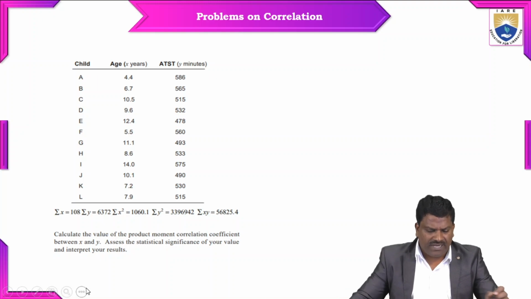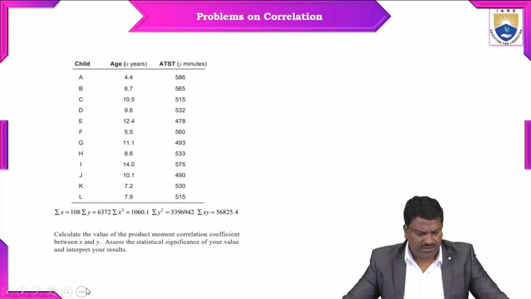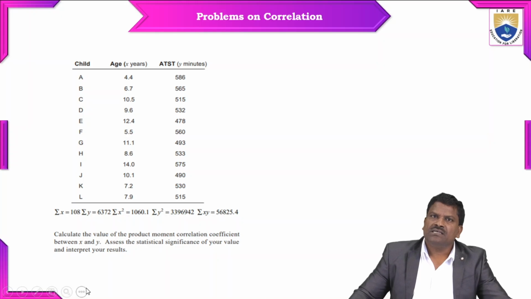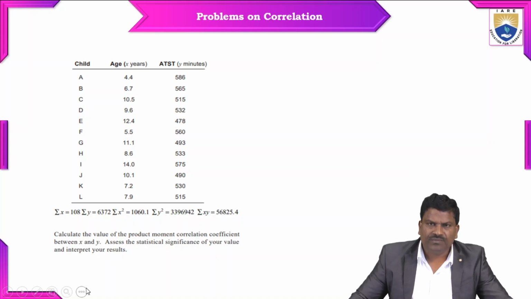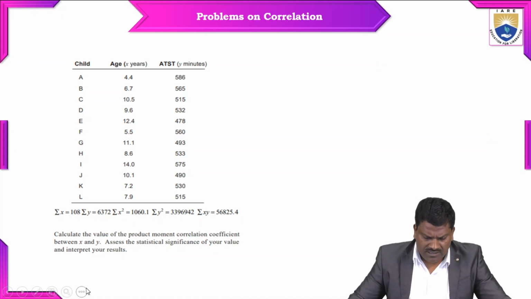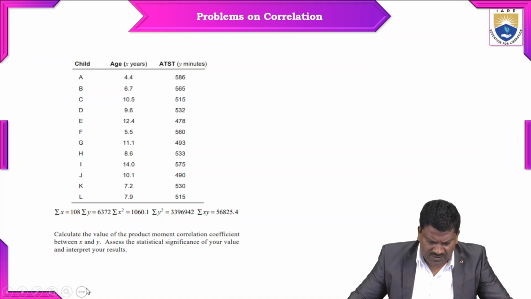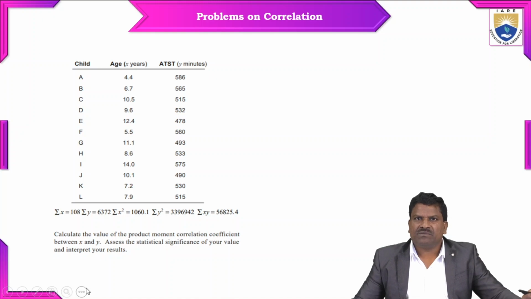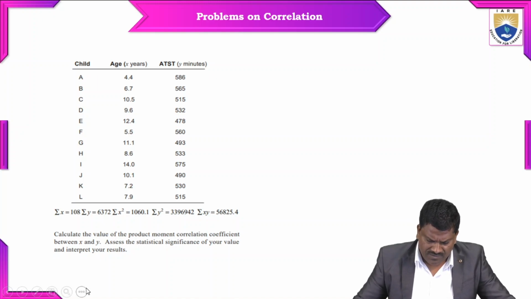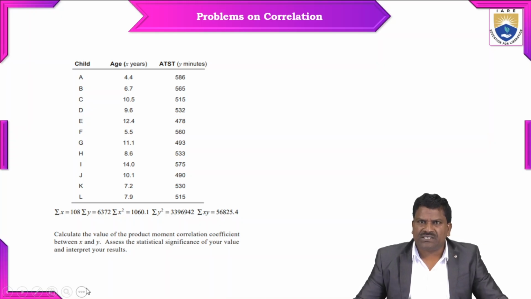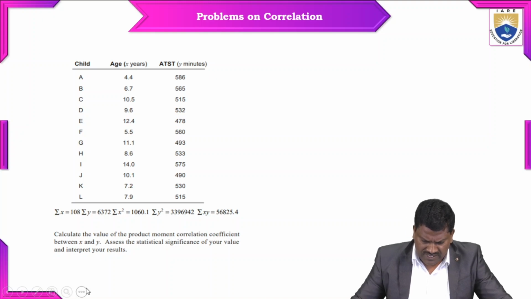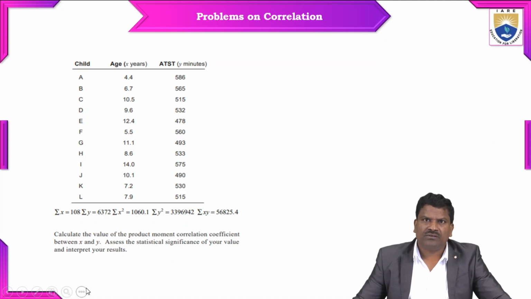Then here sigma x is 108, sigma y is 6372, sigma x square is 1060.1, sigma y square is 339694.2, sigma xy is 56823.4.